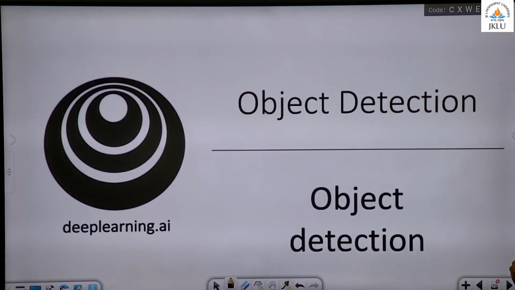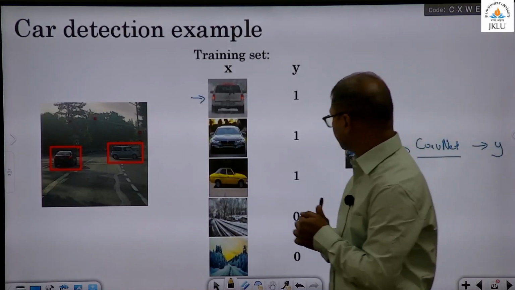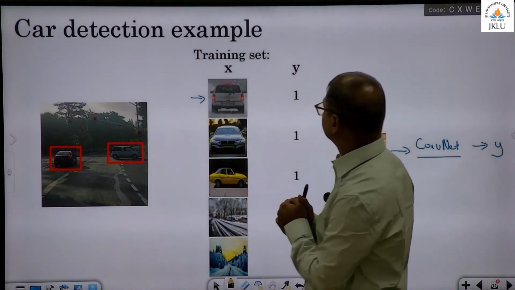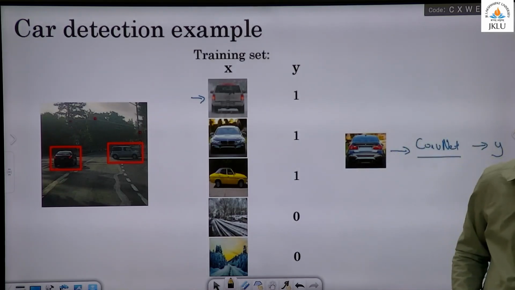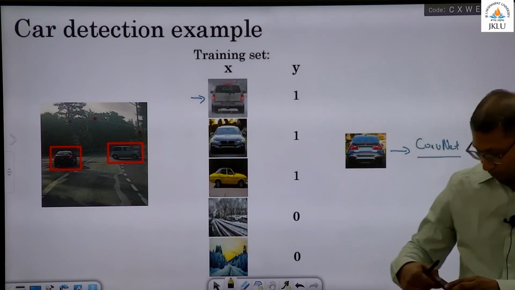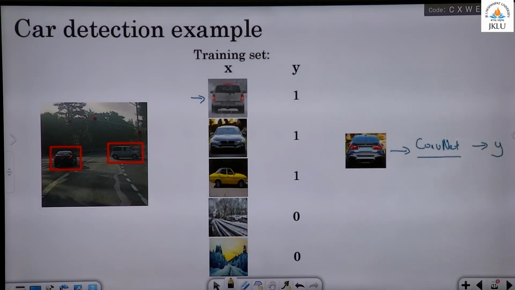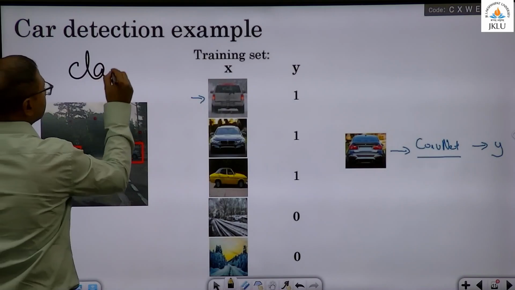So now we come to object detection. How do we solve this problem now? Yes. You don't have just one object anymore, you can have as many objects as you want, but they all should belong to your classes.